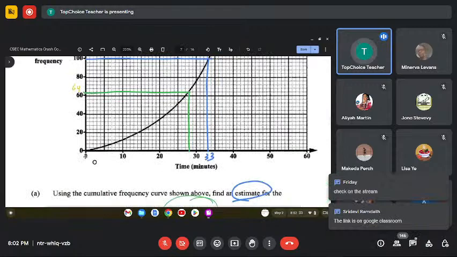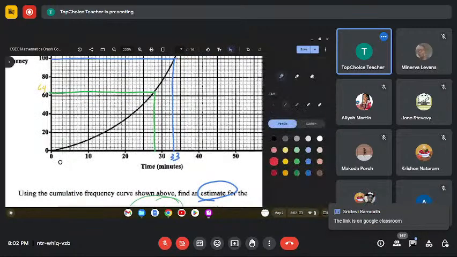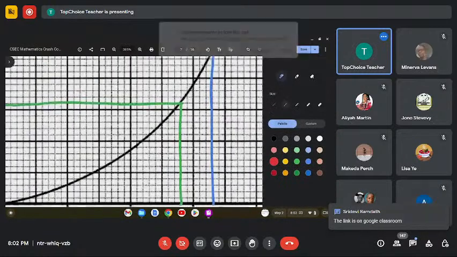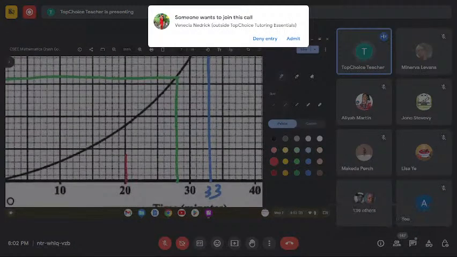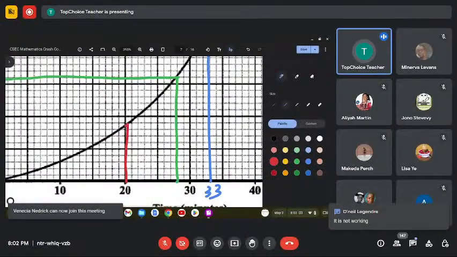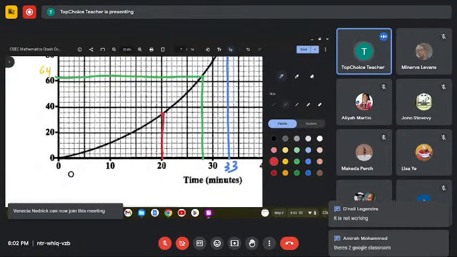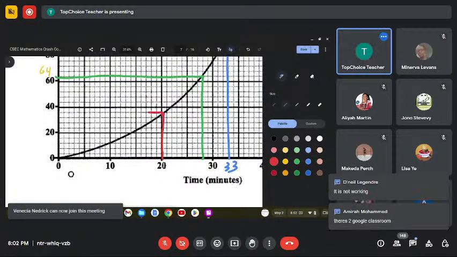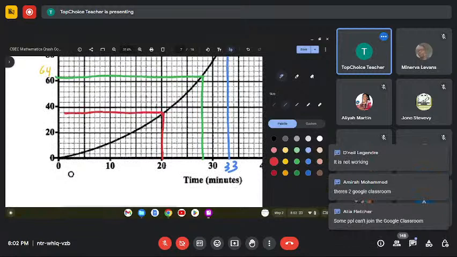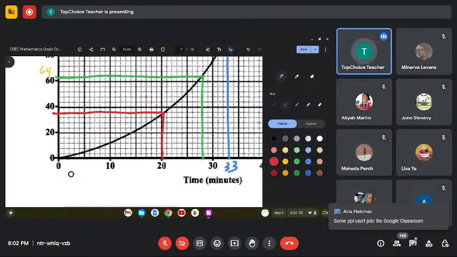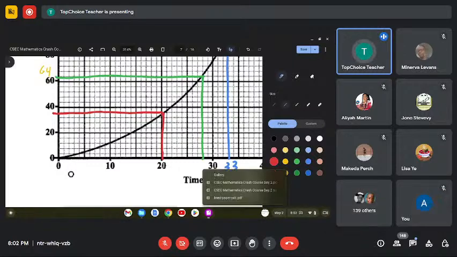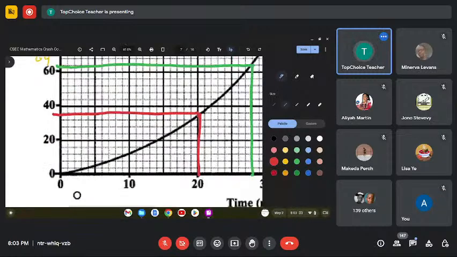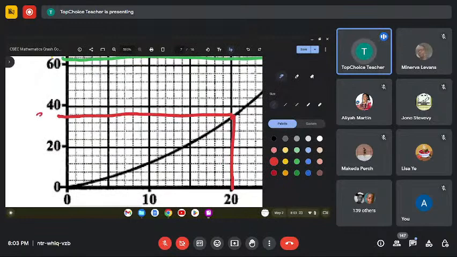All you're going to do is draw your line coming up from 20, around here, and read it across. This value is the cumulative frequency that corresponds to your 20-minute interval. What number would this be? I think this would be around 36.